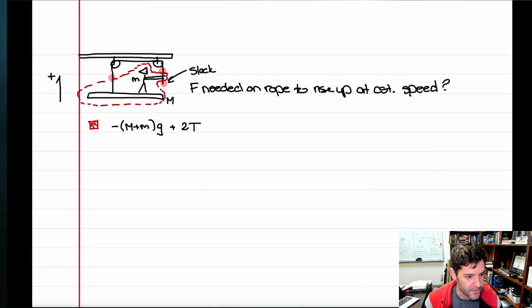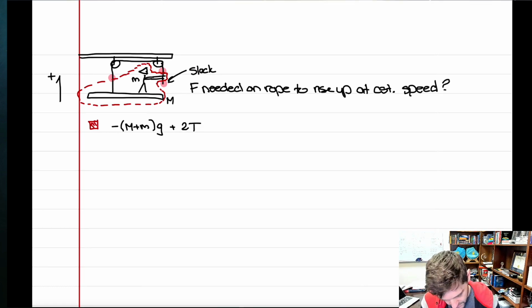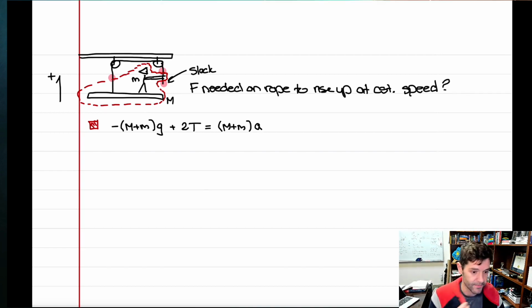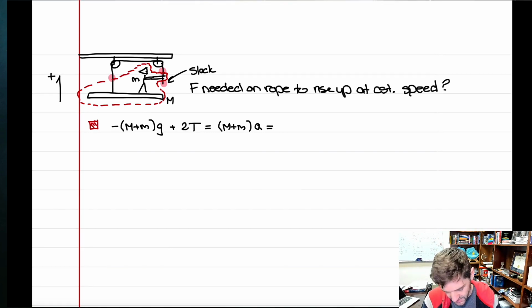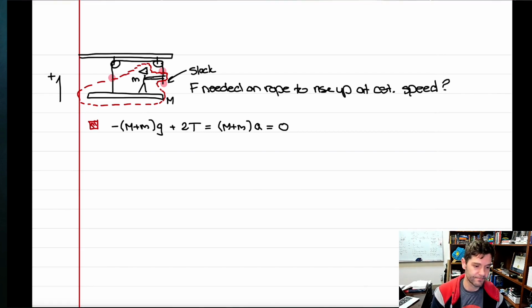And is there anything else touching my kind of red blob I drew? No. So then this better equal the total mass times our resulting acceleration. But if I'm moving up at a constant speed, that's just saying that there is no acceleration. I could have also said that we're remaining stationary, but again, we can't think v equals 0 means force equals 0.